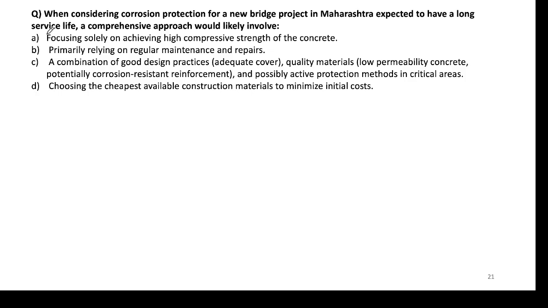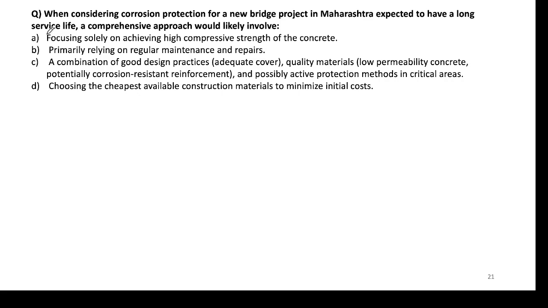The next question is: when considering corrosion protection for a new bridge project, let's say in Maharashtra, expected to have a longer service life, what comprehensive approach would be involved? Let's say you want a service life of more than 100 years, and you also want assurity in it.